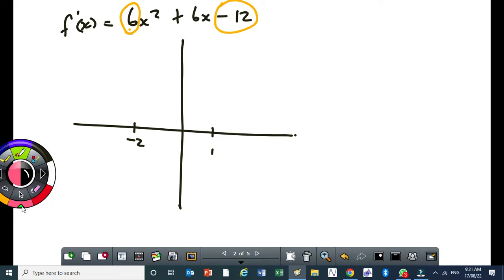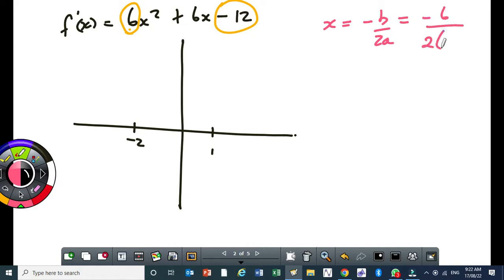But let me use your knowledge of the grade 11 functions. Remember, if I want to find the turning point, I will use x equals minus b over what? 2a. Remember that? So here, our b value is 6, so it should be minus 6 over 2 times 6. So you end up getting minus a half.